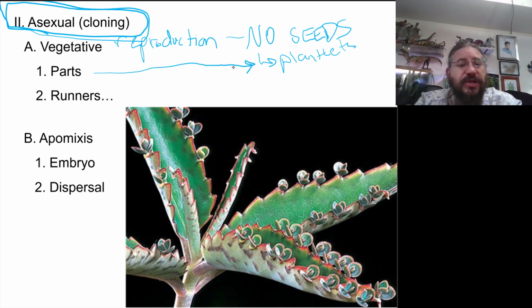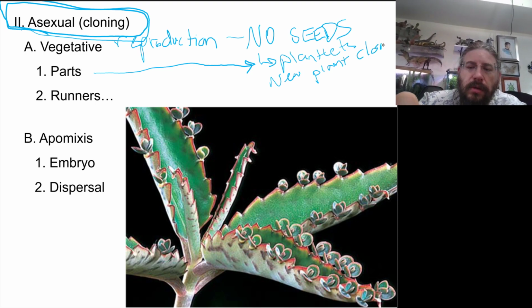So that's a plantlet situation. New plant cloned on a part of the adult plant. What part? That depends on the species.